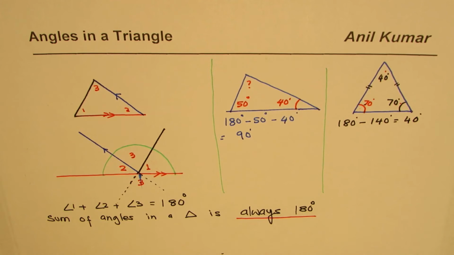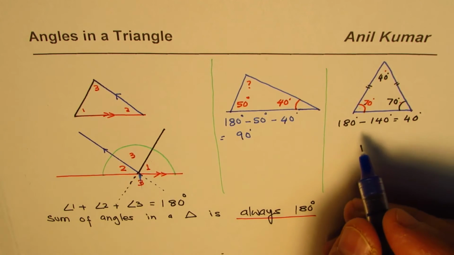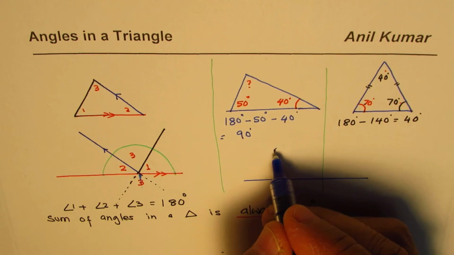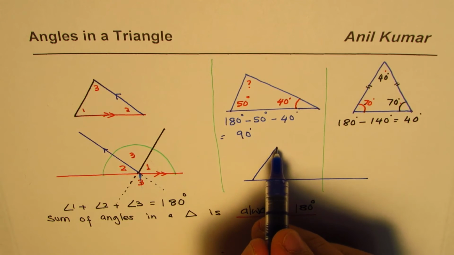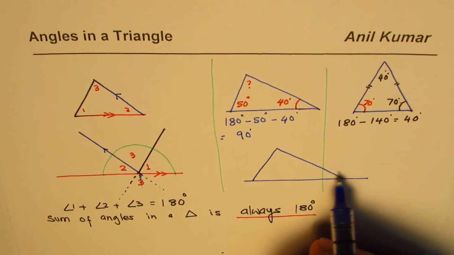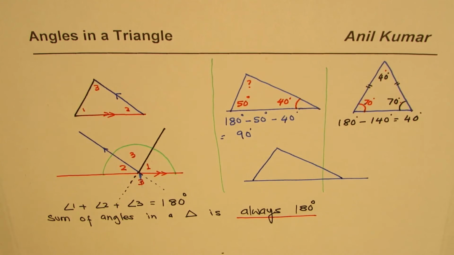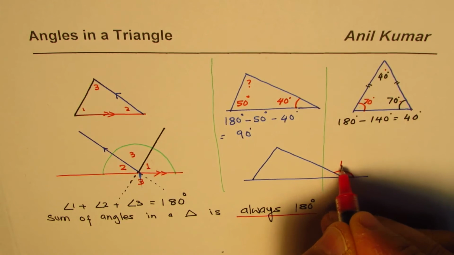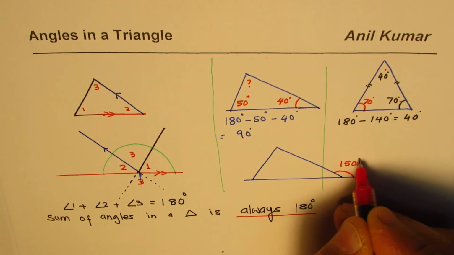Now here is a challenge question for you. What I will do here is sketch a triangle, but I'll give you an angle which is outside instead of an inside angle. So I'm saying this angle here is, let's say, 150 degrees.